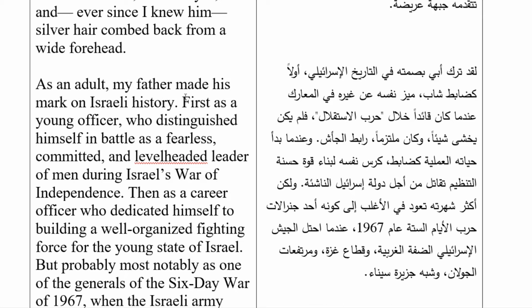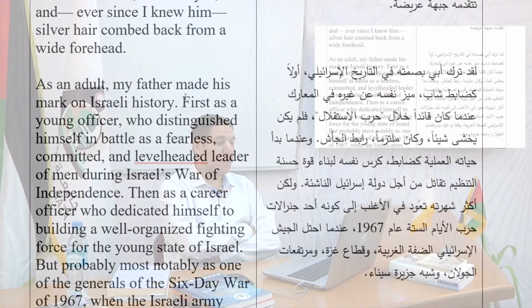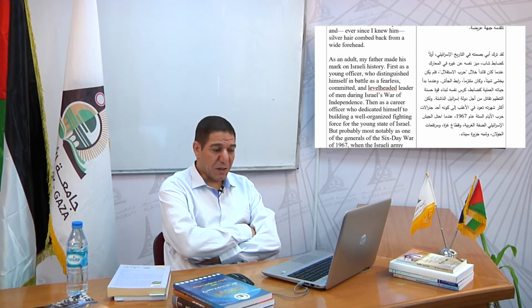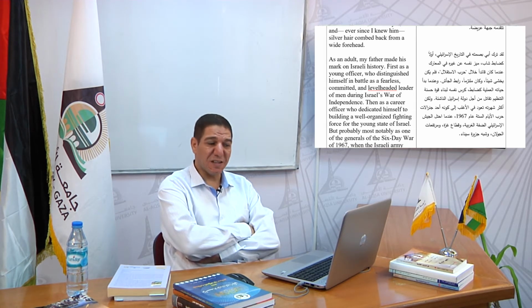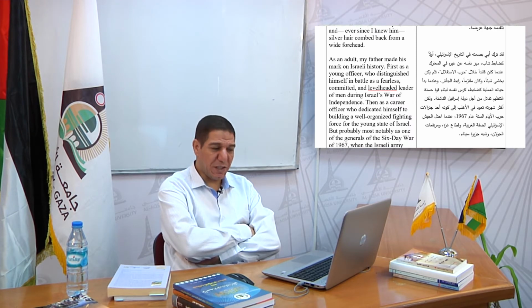Okay? And you have to make a structural shift that is manifested in starting the Arabic sentence with the verb. Okay? ترك. لقد ترك أبي بصمته. You could see that made is translated into ترك here.